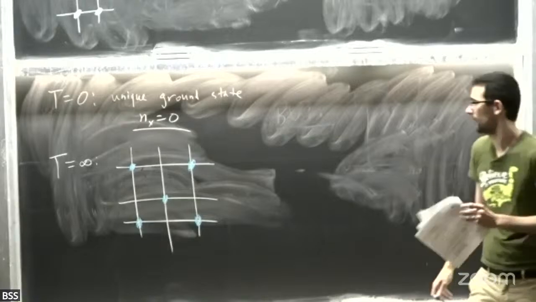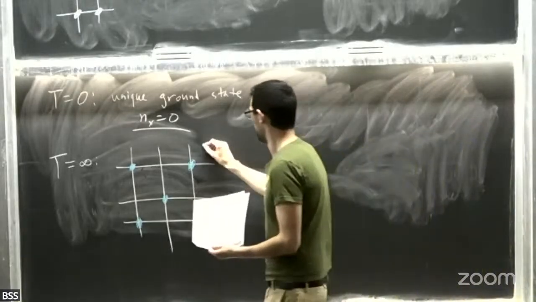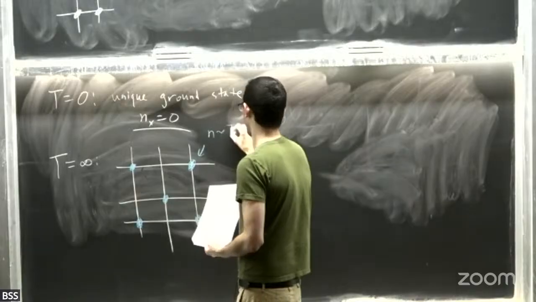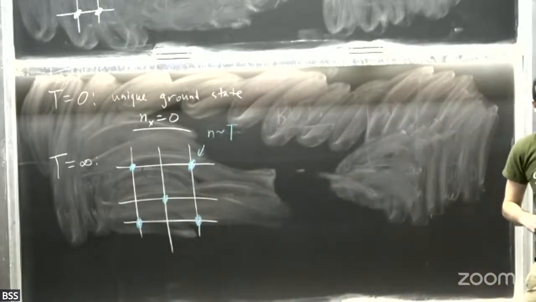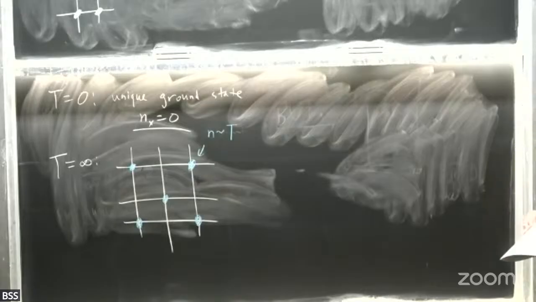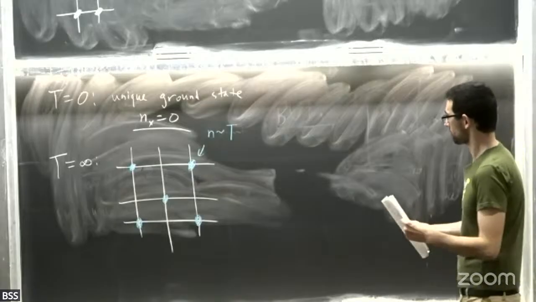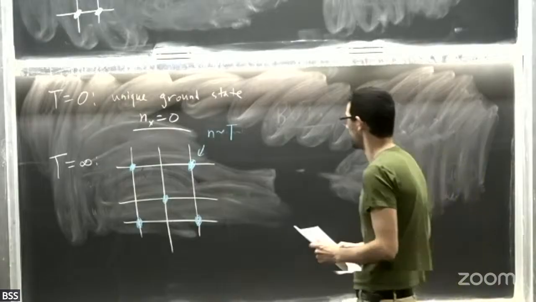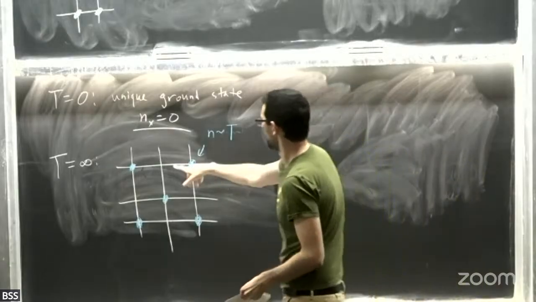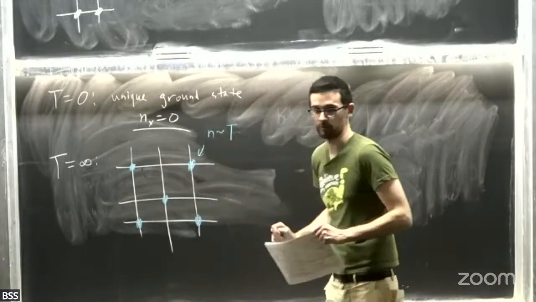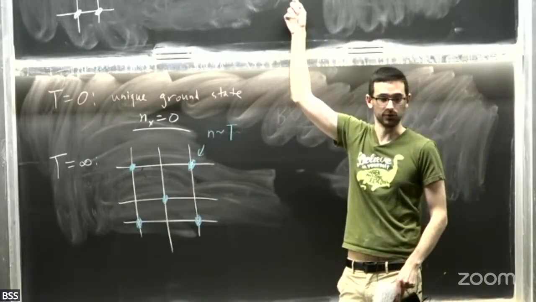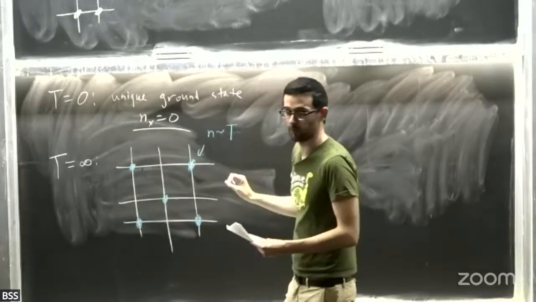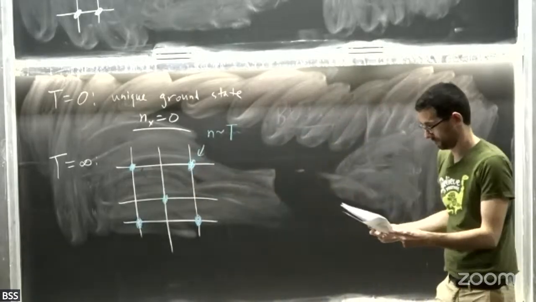Okay. And the number of particles on every other lattice site will scale with temperature. And if we try to put a particle on the opposite checkerboard, we pay an enormous energy cost right away. So certainly if I form the checkerboard, I'm not going to want to change it.